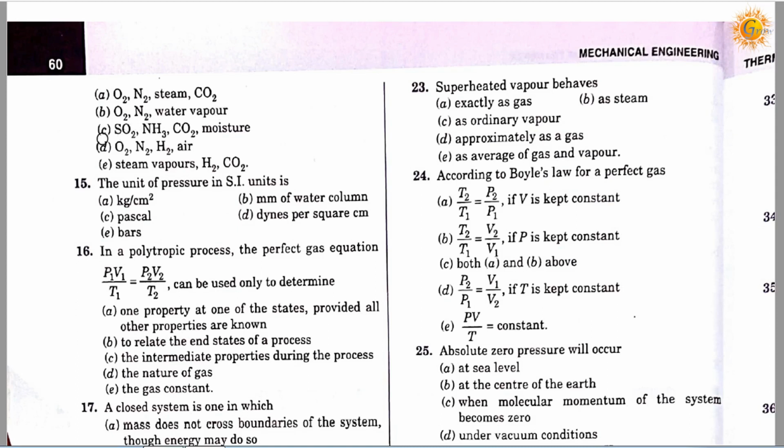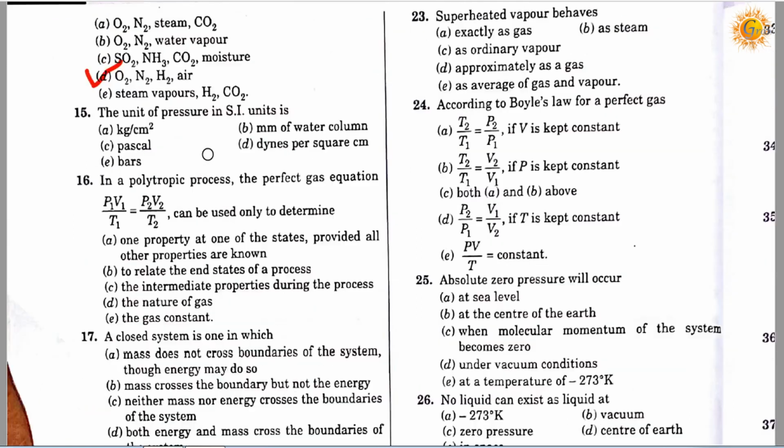Option C, sulfur dioxide, ammonia, NH3, carbon dioxide, moisture. Option D, oxygen, nitrogen, hydrogen and air. Option E, steam, vapors and hydrogen and carbon dioxide. So the correct answer is D. It will be oxygen, nitrogen, hydrogen and air.